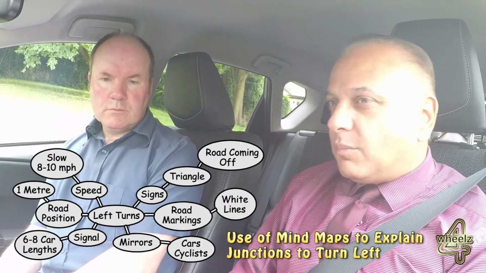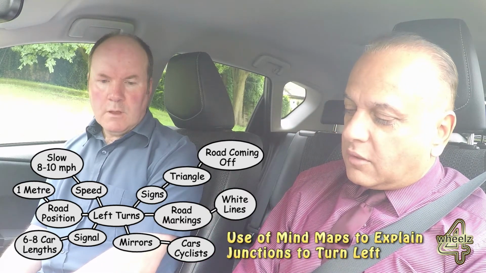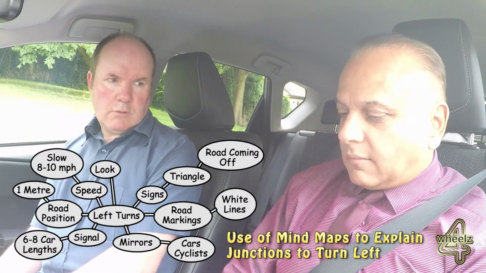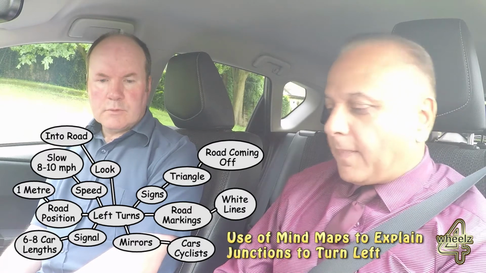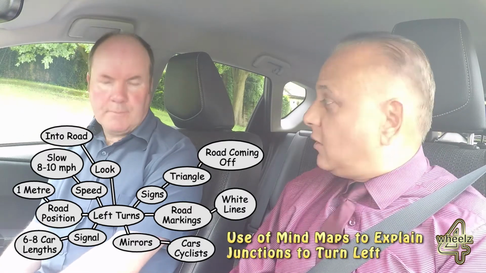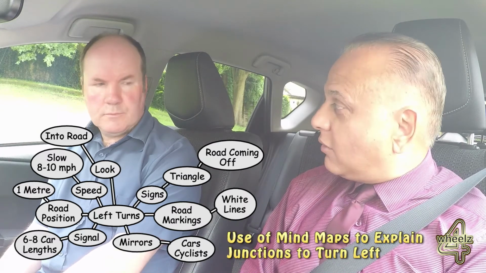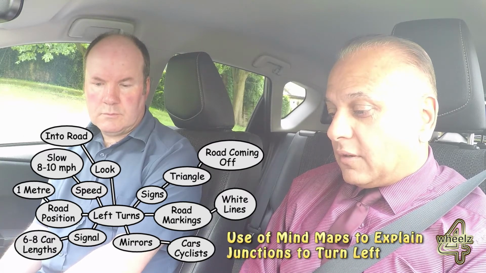And then you've got to make sure it's safe to make your turn. So where do you think you're going to look? Into the road we're going into, making sure there's nothing in the way. Yeah, good. Can you tell me what sort of things you're looking for? Parked cars.